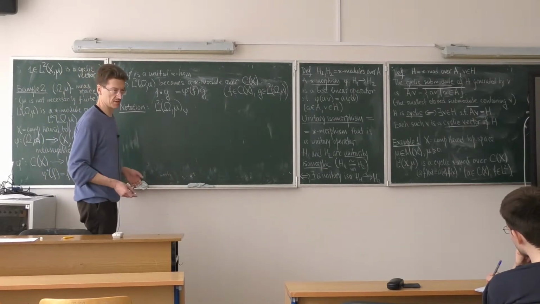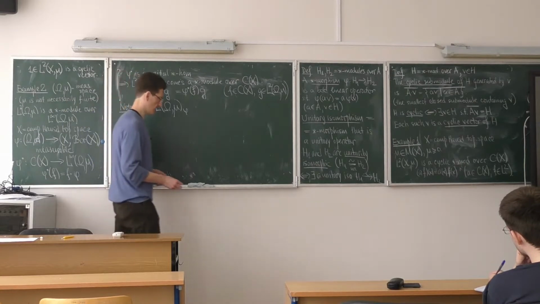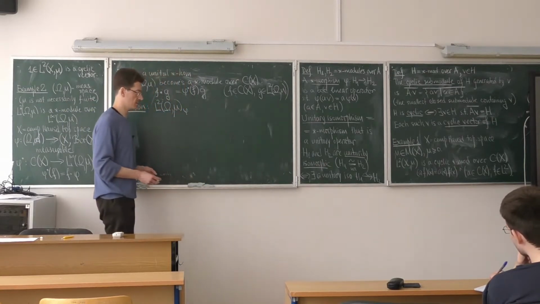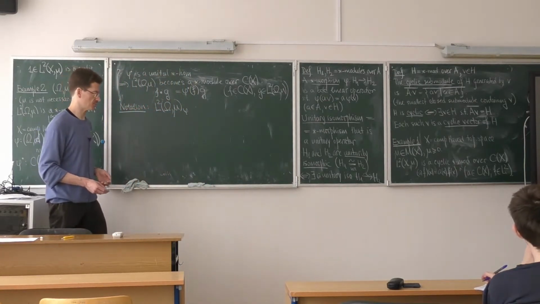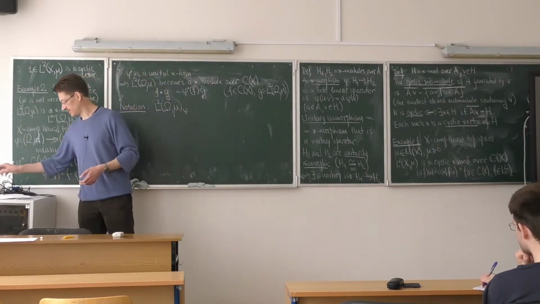This is our plan for the next lecture. At the next lecture we will prove these results, and then we deduce the operator version of the spectral theorem as a special case. Okay, thank you.